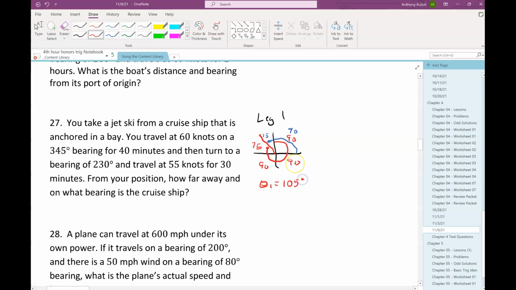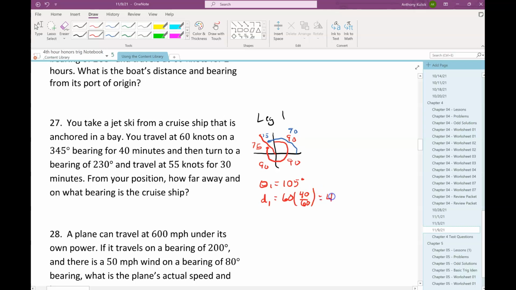And my distance there says we're traveling 60 knots for 40 minutes. So knots are nautical miles per hour. So I'm just going to do my knots times convert 40 minutes into hours, so divide it by 60.